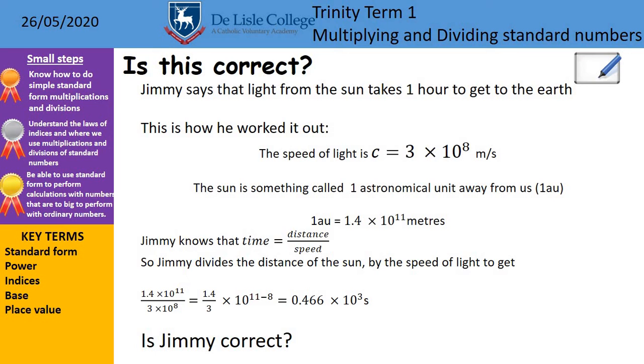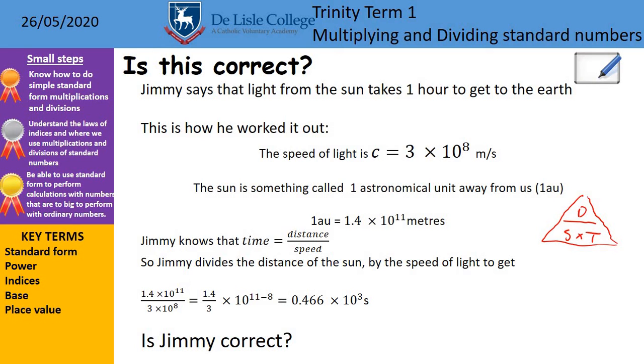Jimmy knows that time is distance divided by speed from his science lesson, or of course from his distance, speed and time triangle. So distance, speed and time.